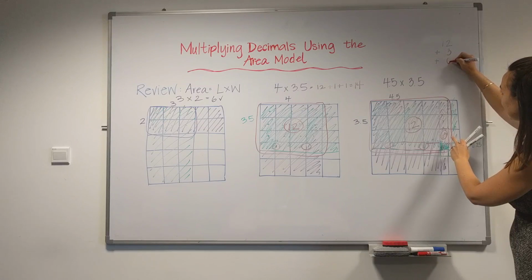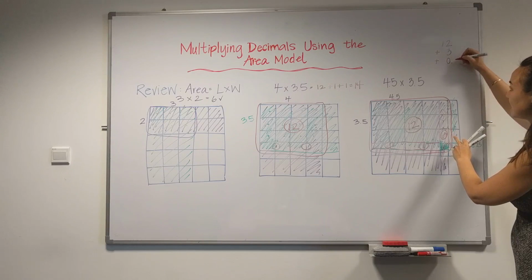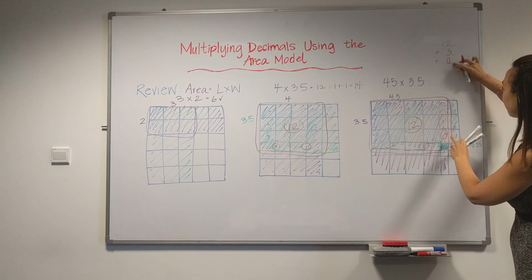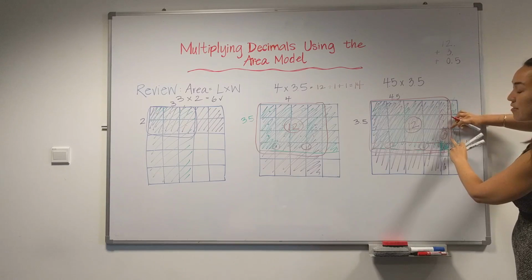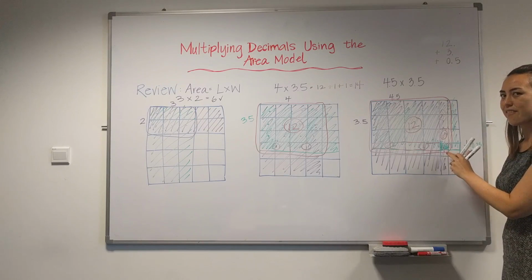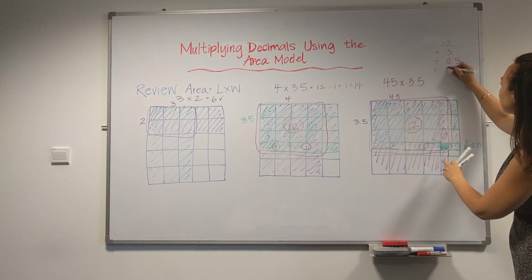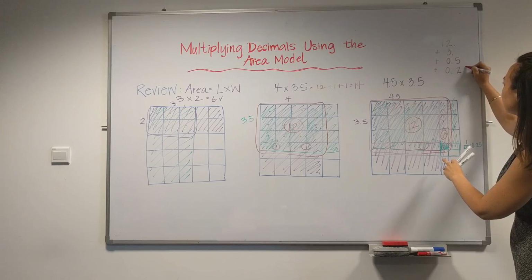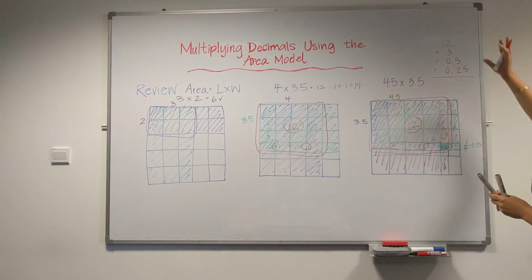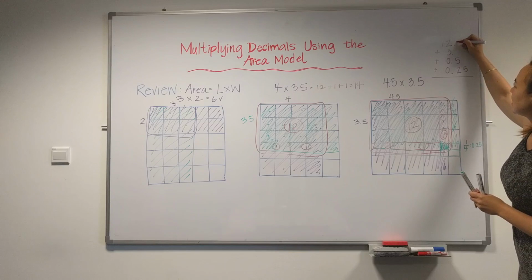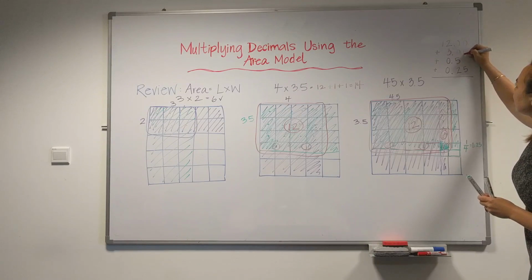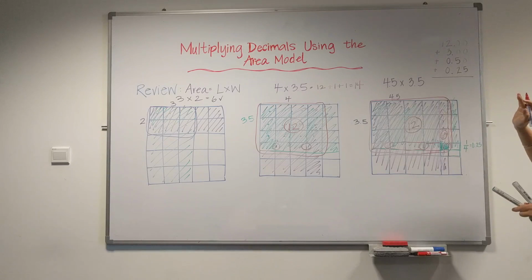Just like when we were adding decimals, let's make sure we put our decimal point in the proper spot when we're lining it up. 5/10. And lastly, my little quarter, my 25 hundredths. Great. Okay, now it's nicely lined up. I'll put in some zeros as placeholders just to make it even clearer. Okay, and let's add this vertically.